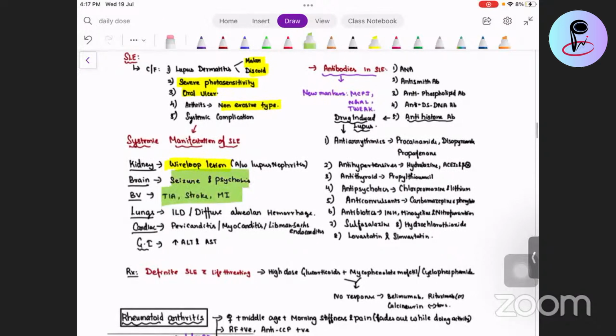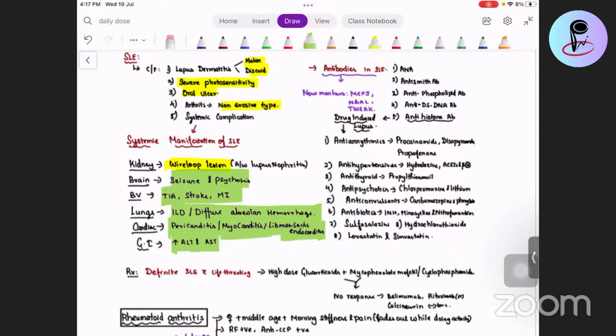In blood vessels, TIA, stroke, and myocardial infarction. Lungs: interstitial lung disease and diffuse alveolar hemorrhage. Cardiac: pericarditis, myocarditis, and Libman-Sacks endocarditis. GI: increase in ALT and AST.